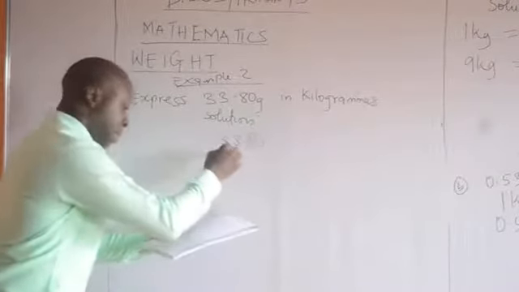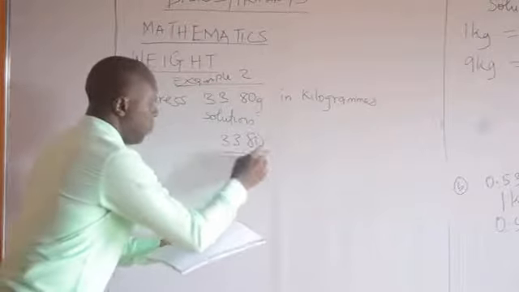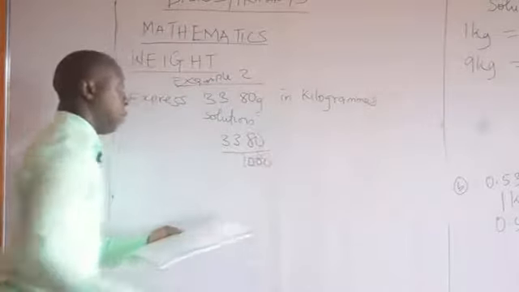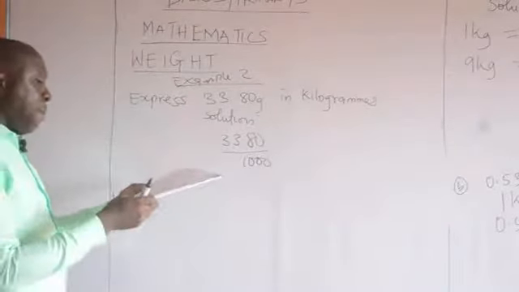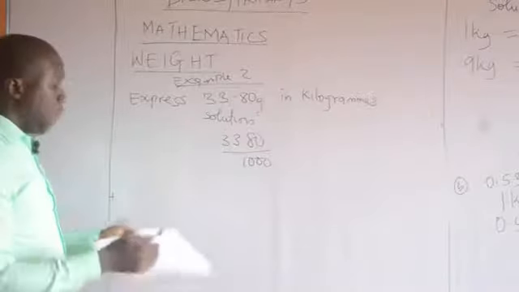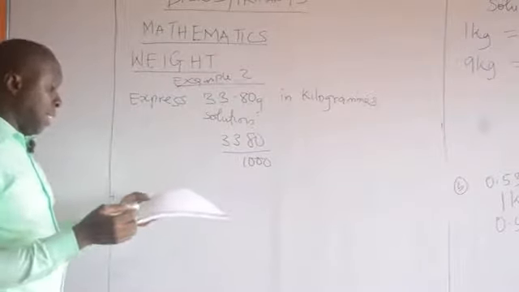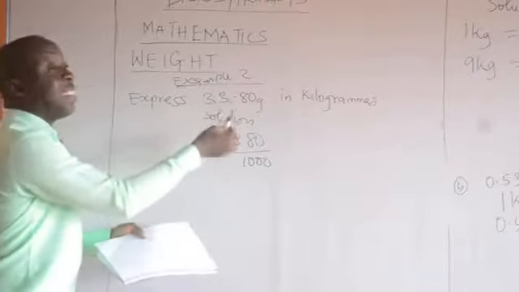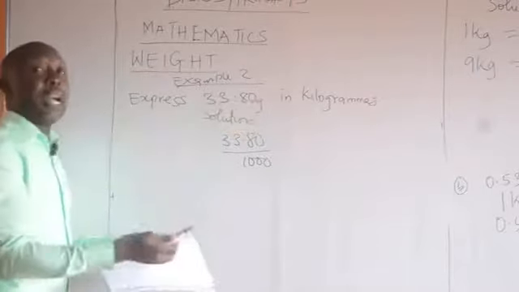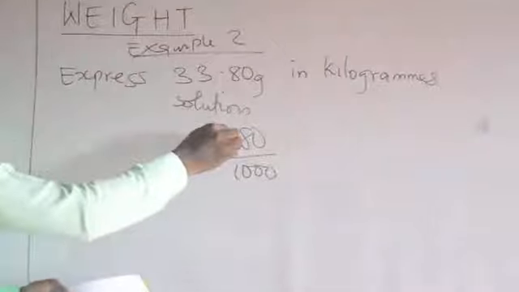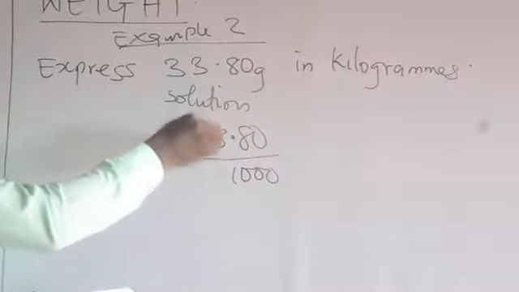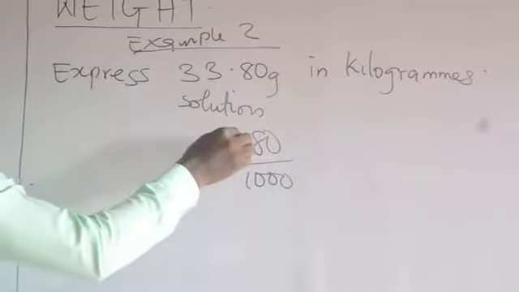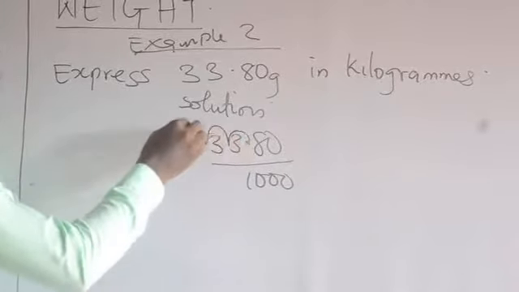If we are dividing by 1,000, we shift the decimal point 3 places. So we have 1, 2, 3.